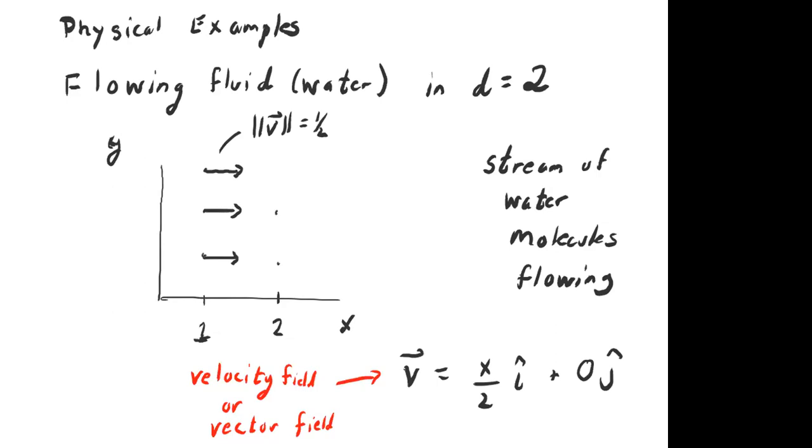But there are particles here at x equals 2, and they are moving at a faster rate. Their norms are 3/2. And you get that by just evaluating the velocity field, which is a vector field, at x equal 2. Actually, let's call this 3. So now you'll get 3/2. Okay.